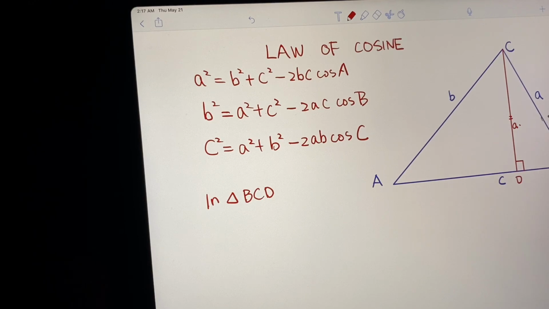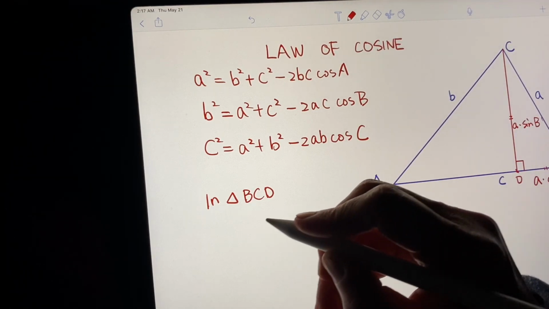In this triangle, the height here we can write as a times sine B, opposite times sine B. And this part, only this part, BD, equals a times cosine B. Let's write it down.